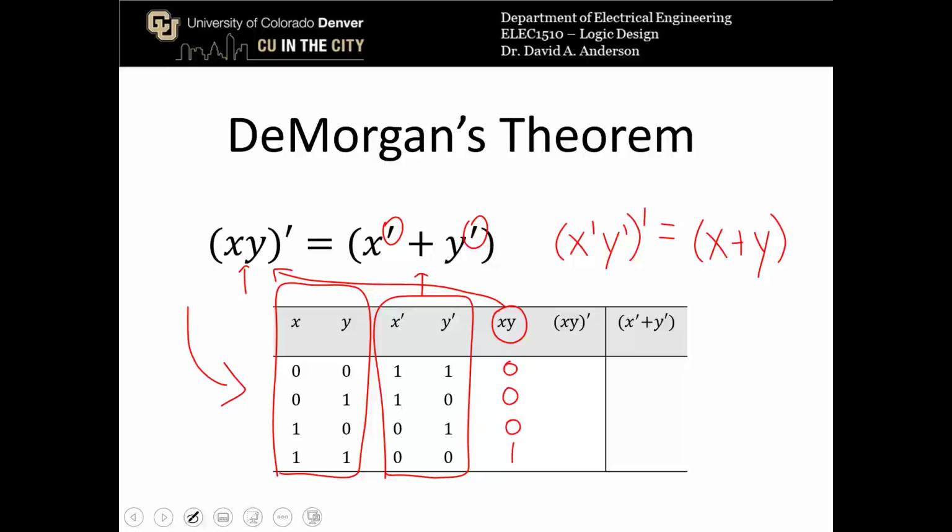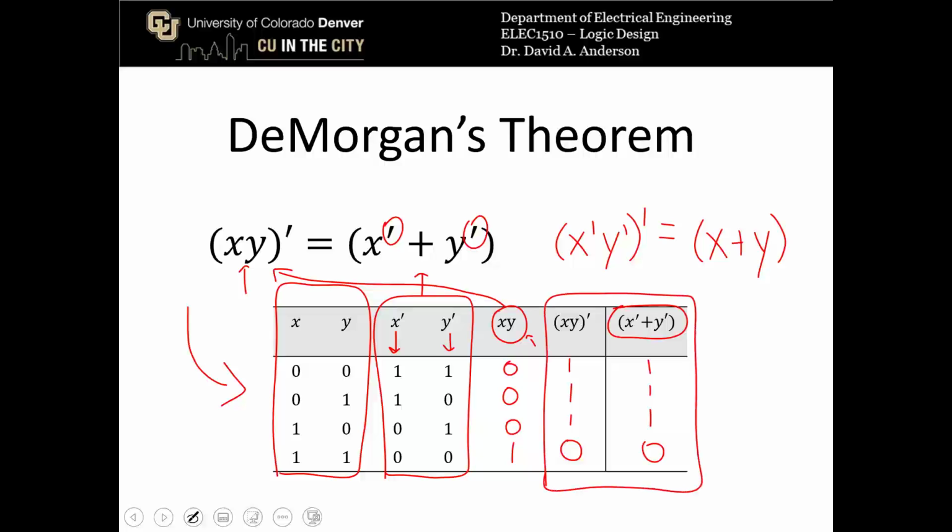Now xy prime is just the complement of xy, so that's 1, 1, 1, 0. So now looking at x prime or y prime in parentheses, that's going to be a 1 if either one of these two columns is a 1. So we have a 1 here, a 1 here, a 1 here, and a 0. So now we've shown that for these two variables, xy parentheses prime is equal to x prime plus y prime.